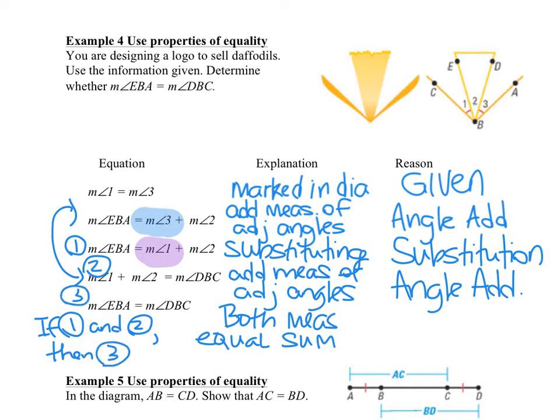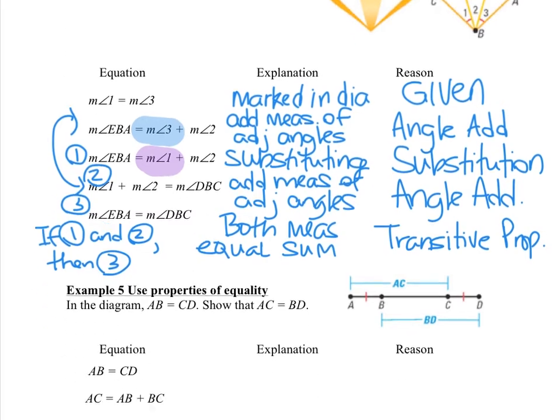I don't have room to write it out, so this is an if-and statement, which is transitive. Sometimes the transitive property and substitution get confusing, so I'm not going to be too strict if we do get them backwards, or I'll say wrong.